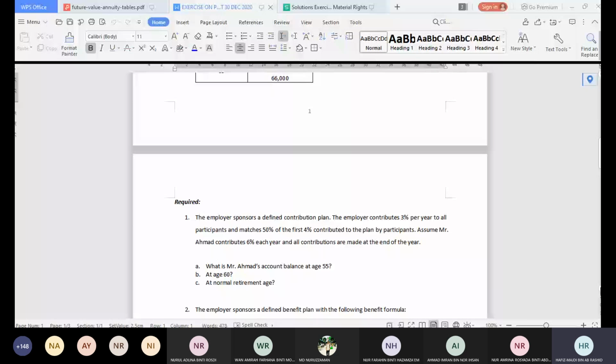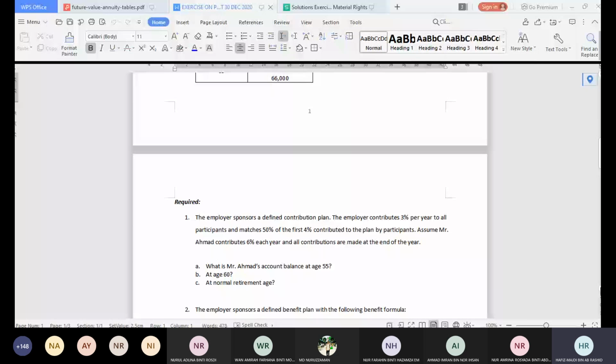The characteristic of a defined contribution plan is that the employer will pay a fixed contribution toward their employees.